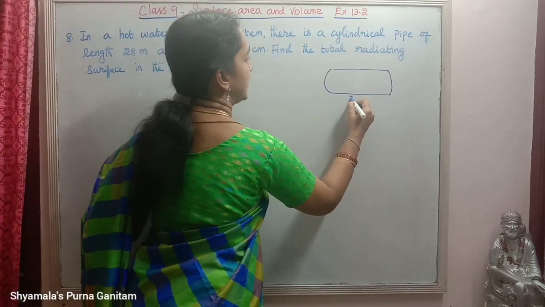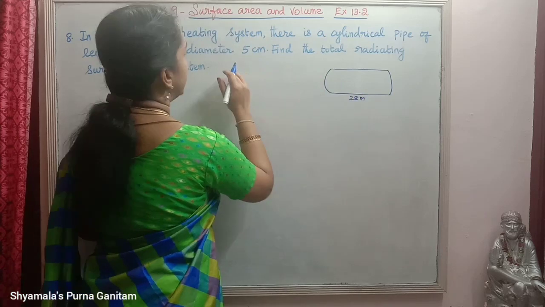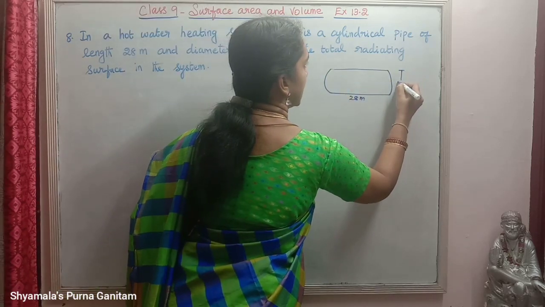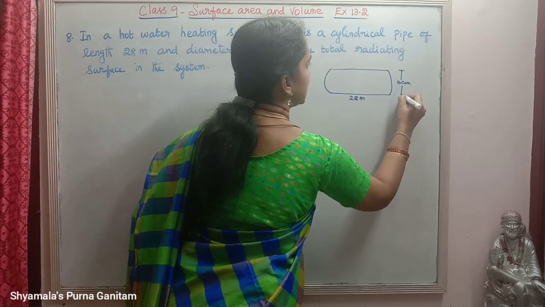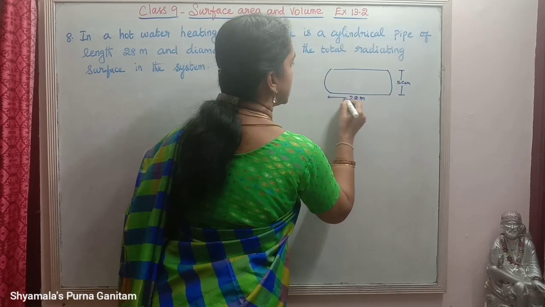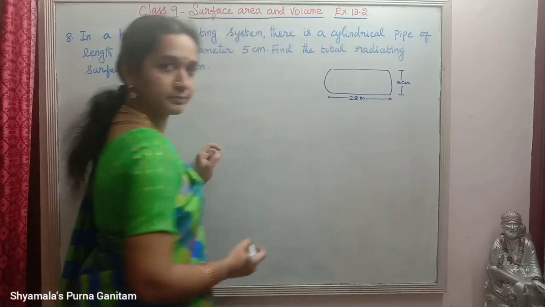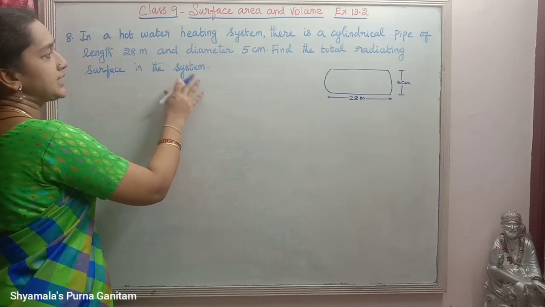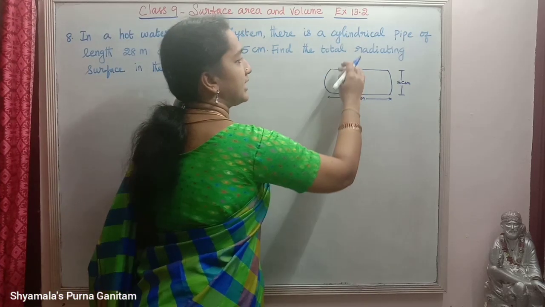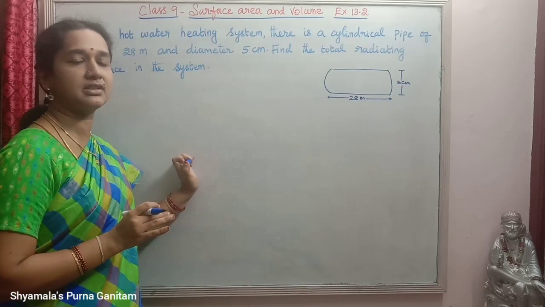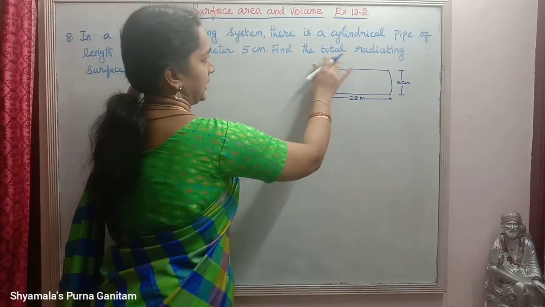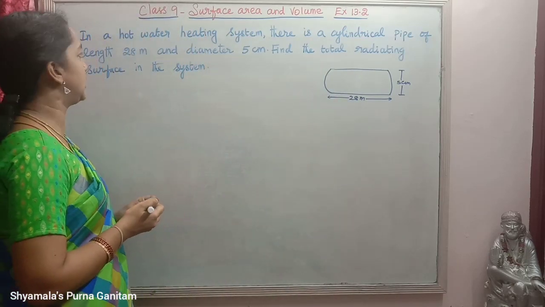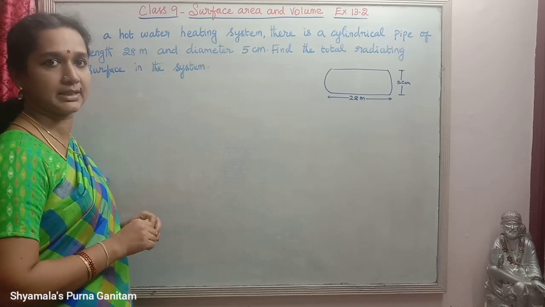Length is given as 28 meter and diameter is 5 centimeter. So we are asked to find the total radiating surface in the system, and that is nothing but the curved surface area.